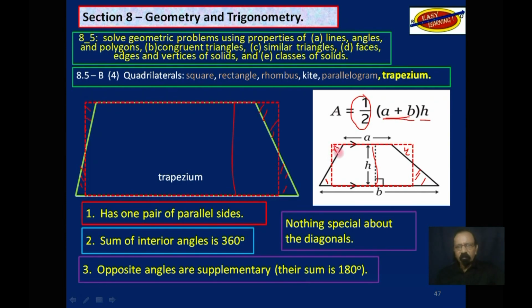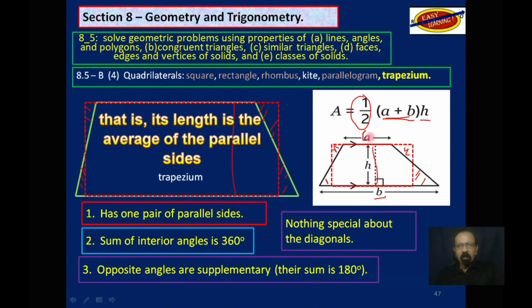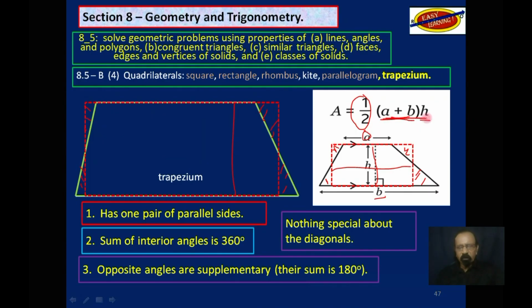In other words, you are finding the area of a rectangle that has the same width, but half of the sum of the parallel sides. So you add B to A, divide it by 2, and you get this length here. That's just to help you along so that you would never forget how to find the area of a trapezium.